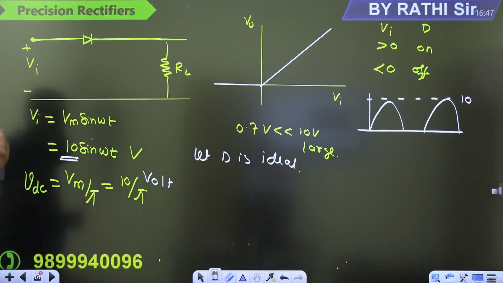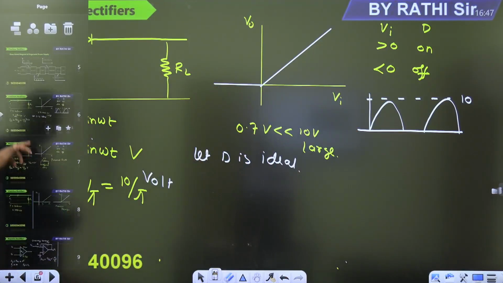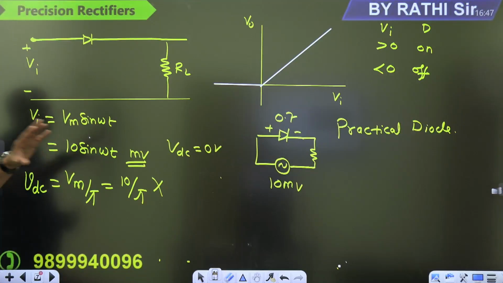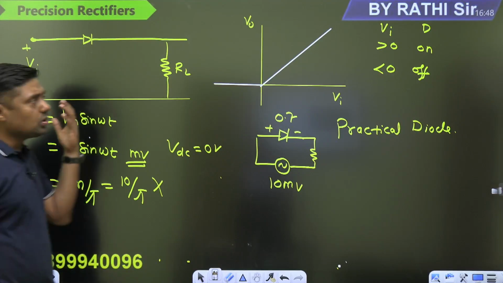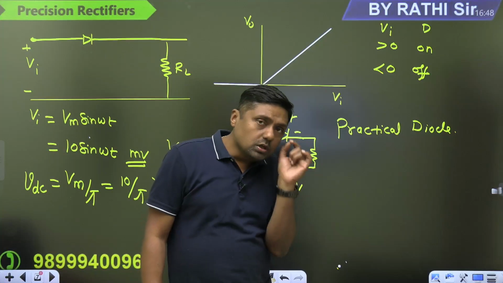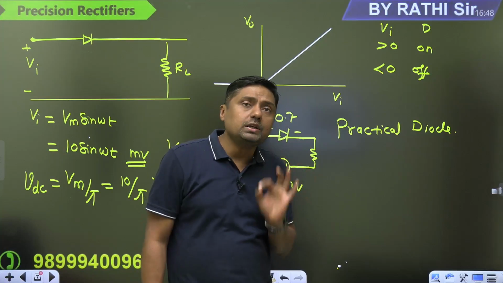But if you are giving the same signal in the range of millivolts, guys, and if you consider the ideal diode, remember the highest value of the input is only 10 millivolt.